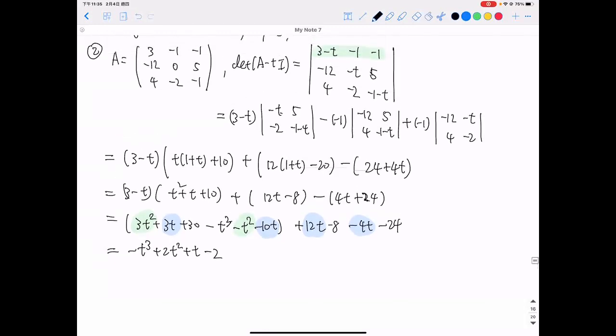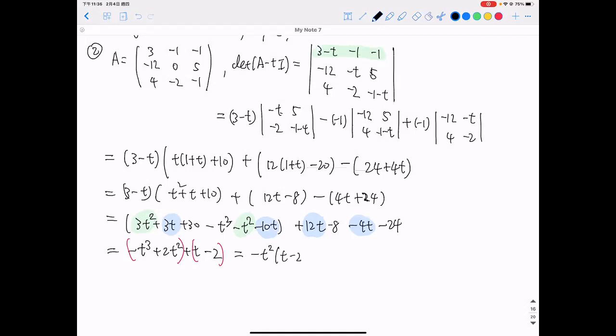So, what are we going to do now? This is the characteristic polynomial. We are hoping to find the eigenvalues, so we have to find its roots. For this one, there's an easy way to proceed. Namely, you split the terms and factor out the common factors.